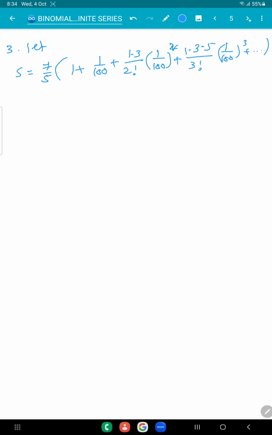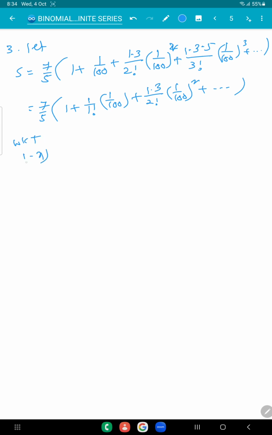So clearly every term is there, so I am adjusting the right hand side like this: 1 plus 1/1! into 1/100 plus (1·3)/2! into (1/100) squared plus and so on. We know that (1 minus x) to the power minus p/q is equal to 1 plus p/1! into x/q plus p(p+q)/2! into (x/q) squared plus and so on.